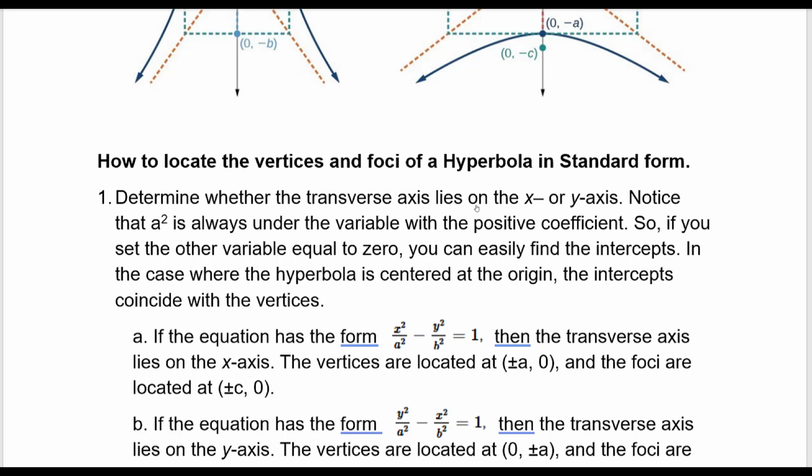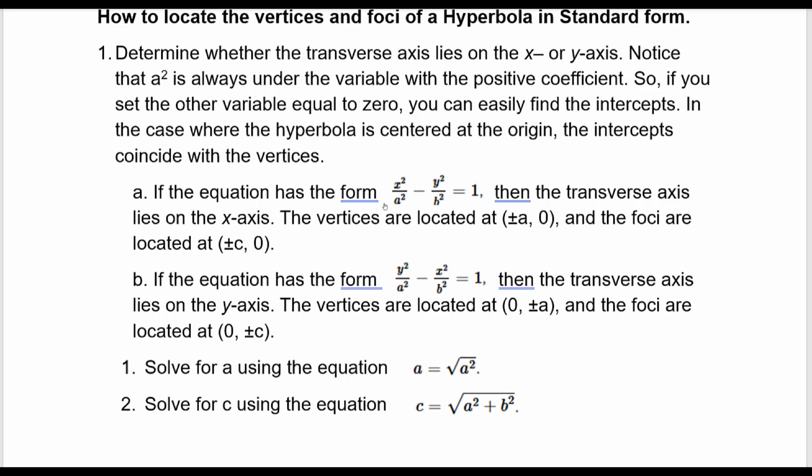Determine whether the transverse axis lies on the x or y axis. Note that a squared is always under the variable with a positive coefficient, so if you set the other variable equal to 0, you can easily find the intercepts in the case where the hyperbola is centered at the origin. The intercepts coincide with the vertices.